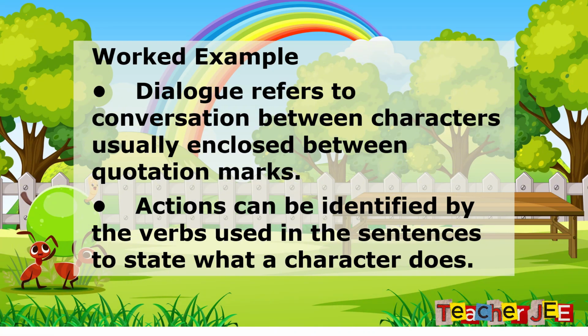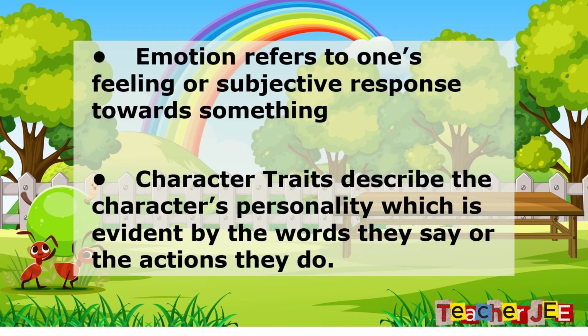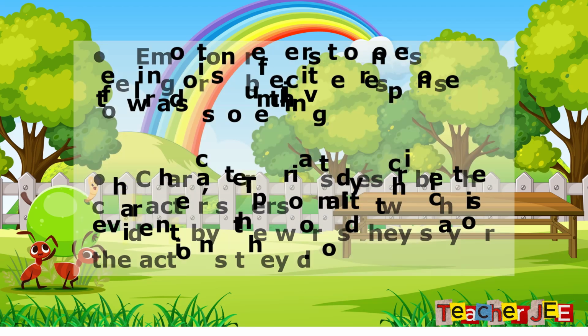Actions can be identified by the verbs used in a sentence to state what a character does. Emotion refers to one's feeling or subjective response towards something. And character traits describe the character's personality, which is evident by the words they say or the actions they do.